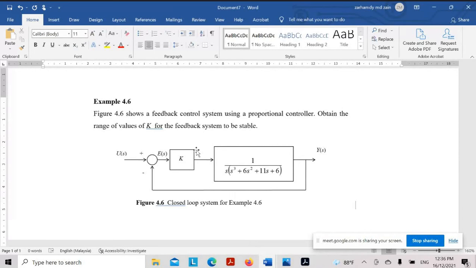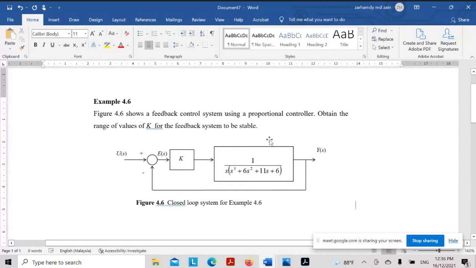For the real situation, we come up with this controller without any value. So we are looking for the range of this value to show that our system is still stable. That means we want to know the range of K. So now we are looking for the range of K if we want our system to be stable.